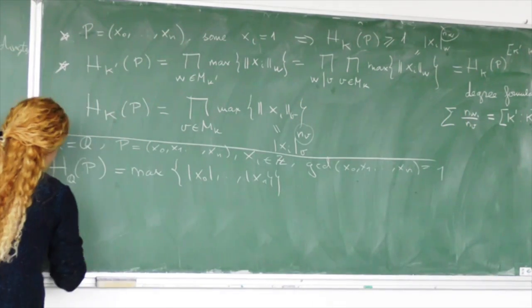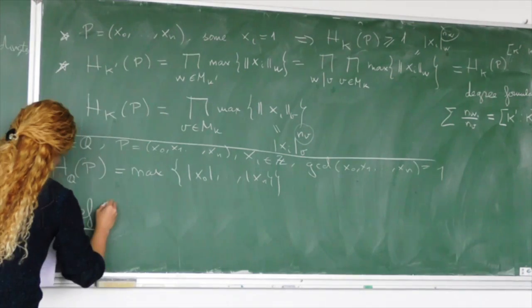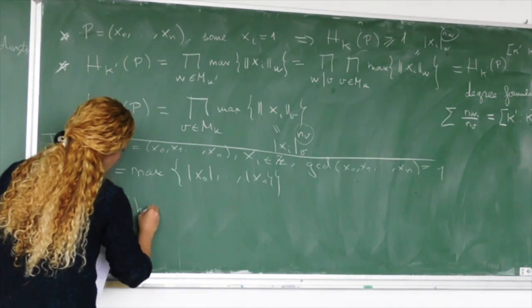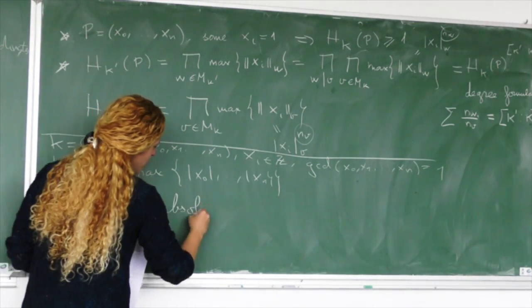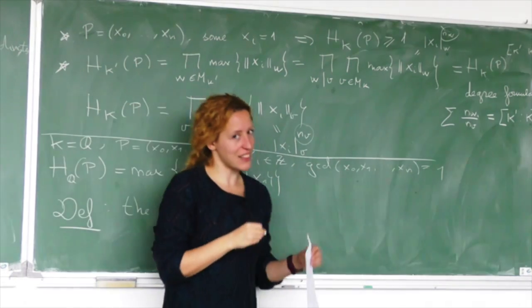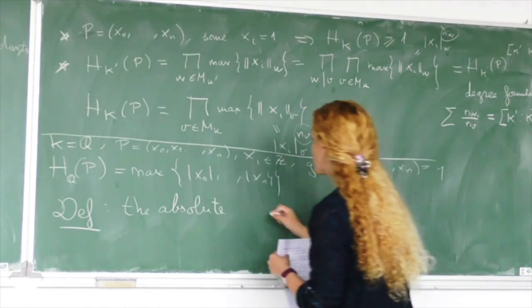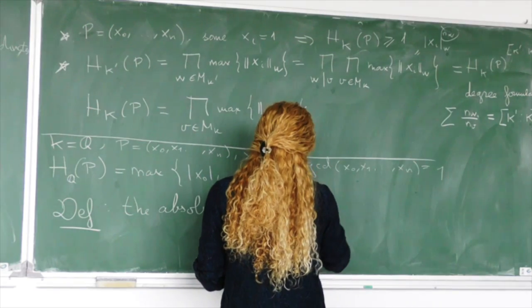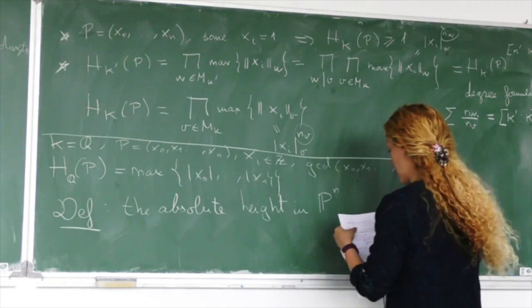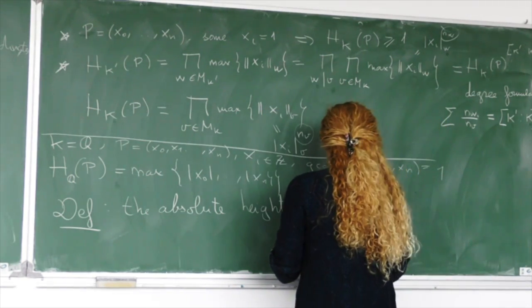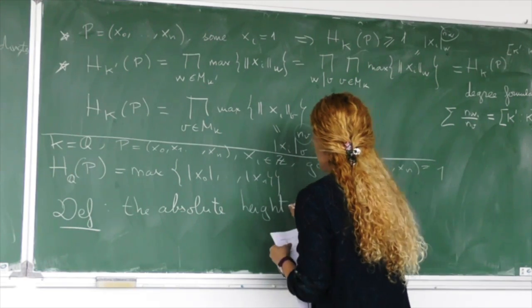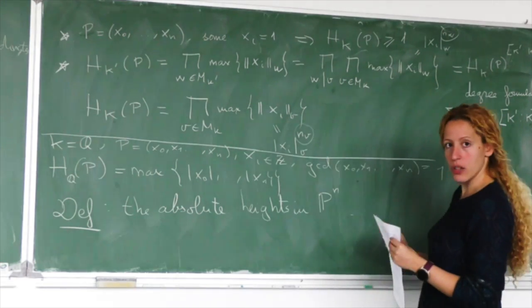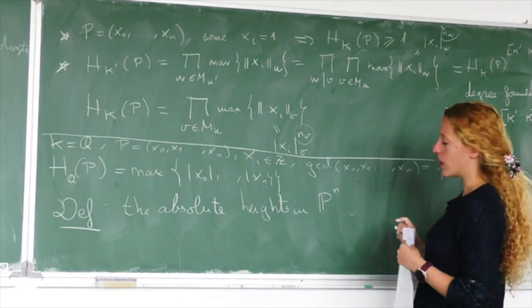Definition: the absolute height. Absolute means that it doesn't depend on the field. The absolute heights in P^n, well, I'm going to say it in plural because I'm going to say it for the multiplicative one and the logarithmic one.